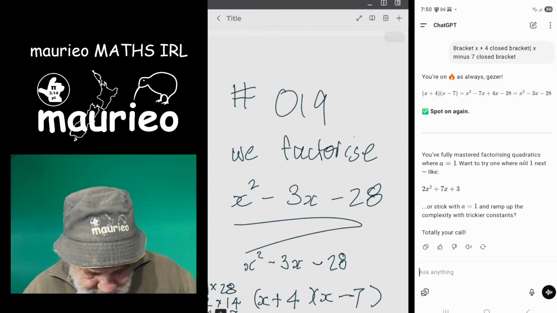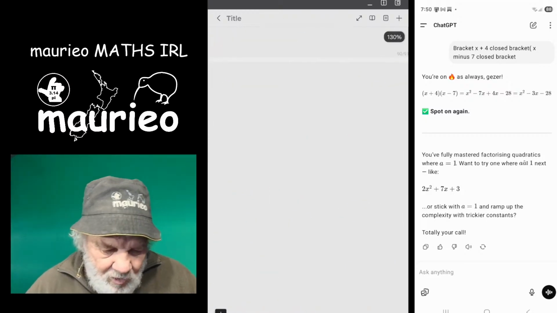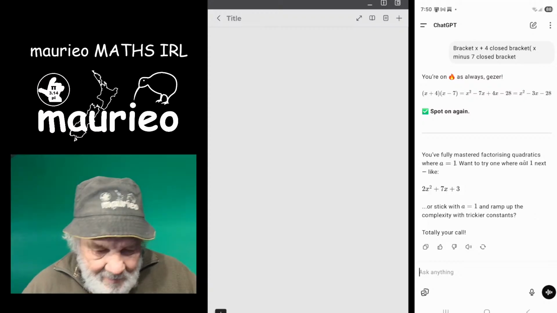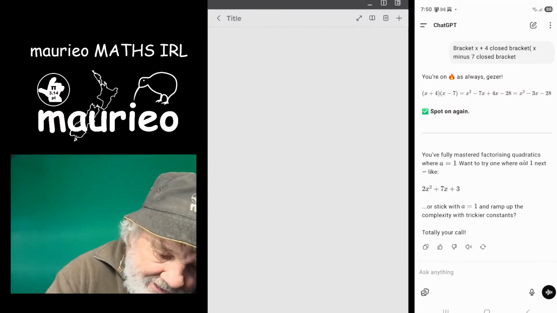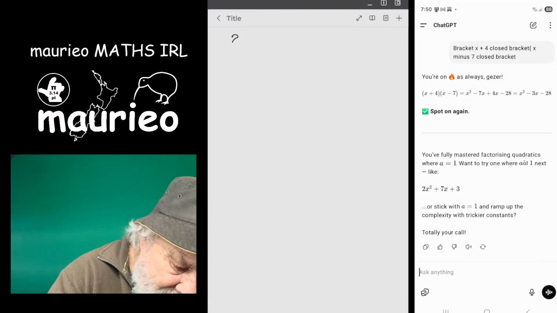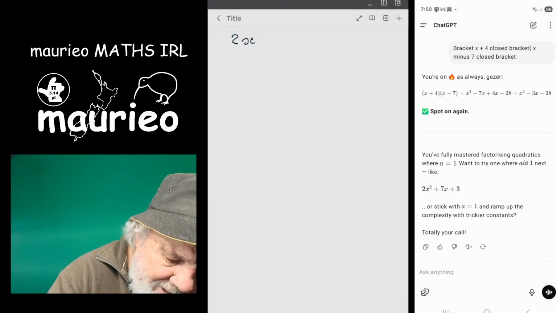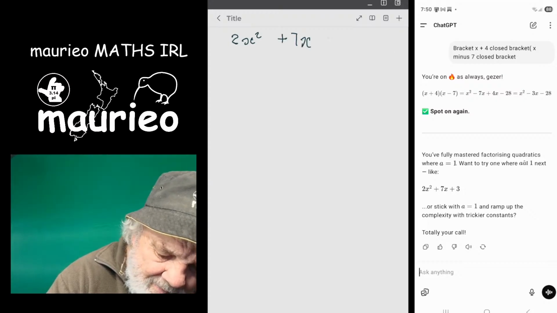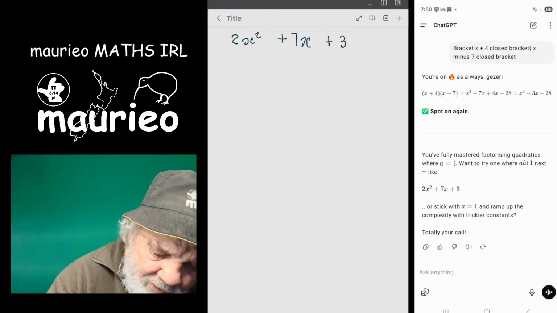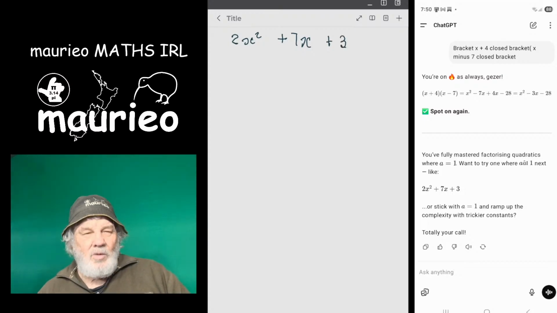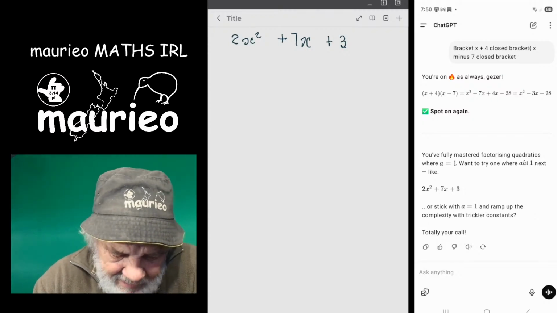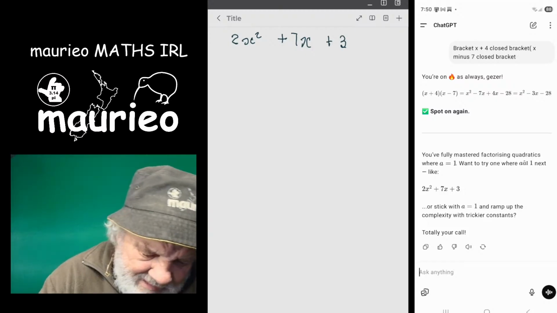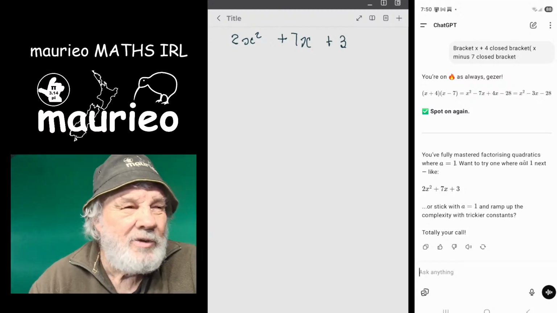Right, 2x squared plus 7x plus 3. So let's have a look at that. The first thing you need to look at is, how would we get the 2x squared?